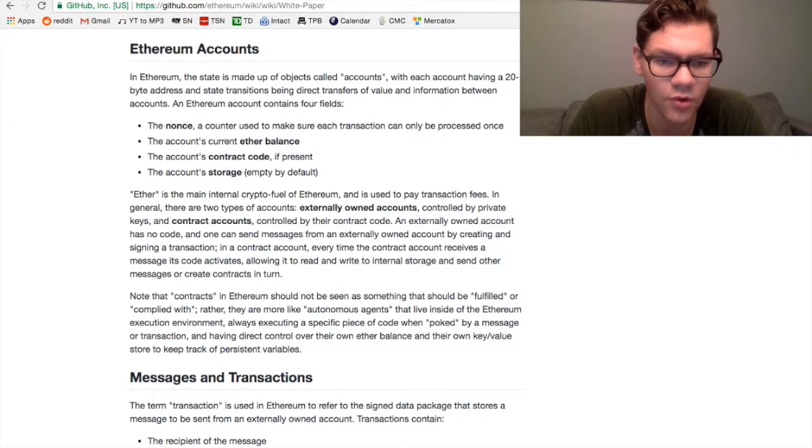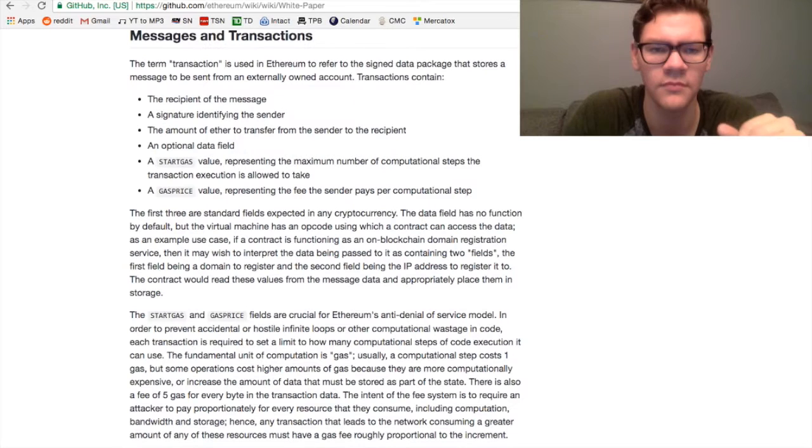Rather, they are more like autonomous agents that live inside of the Ethereum execution environment, always executing a specific piece of code when poked by a message or transaction, and having direct control over their own ether balance and their own key/value store to keep track of persistent variables.